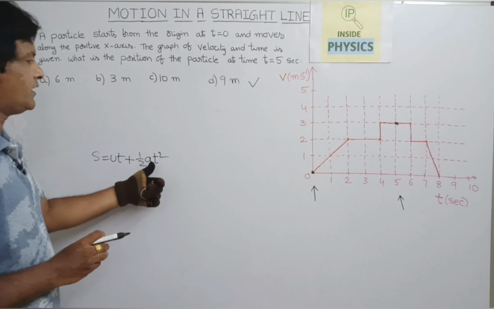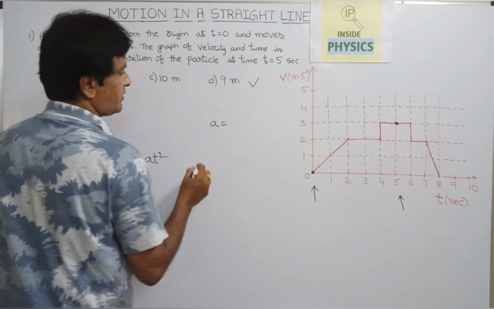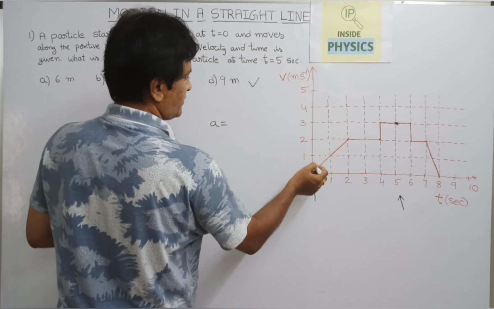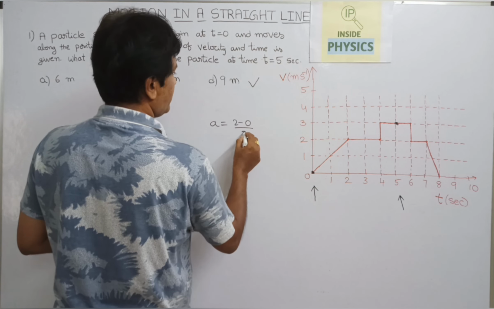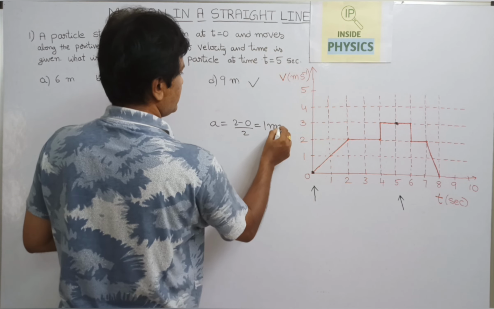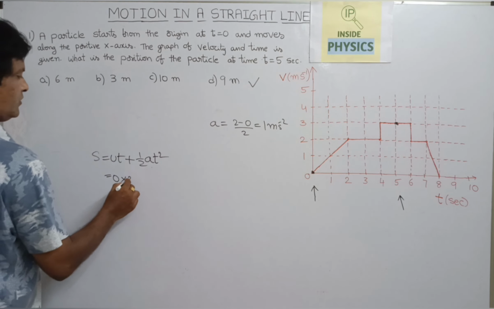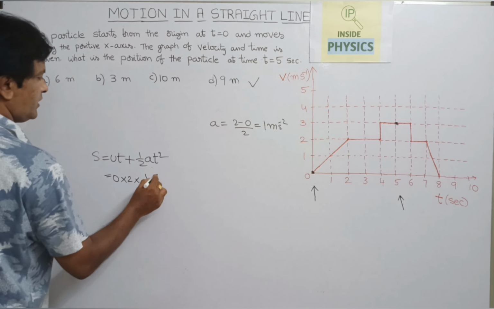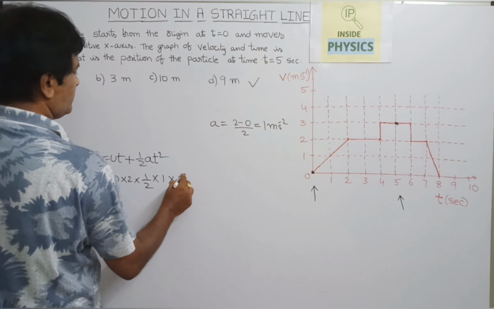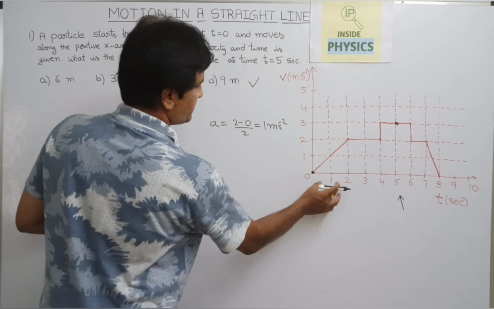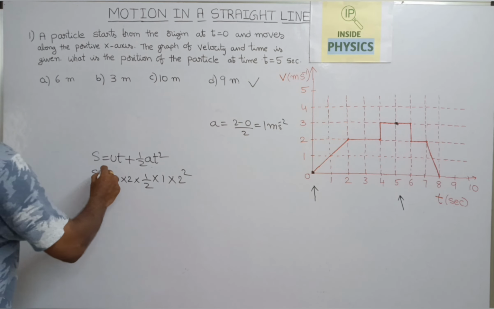Acceleration is equal to change in velocity by time. Velocity from 0 to 2 has increased, 2 minus 0 by 2, that is 1 meter per second square. You put a as 1, so 0 into 2, plus half into a, with acceleration 1 into time 2 square. I am calculating the displacement from here to here using the equation of motion.